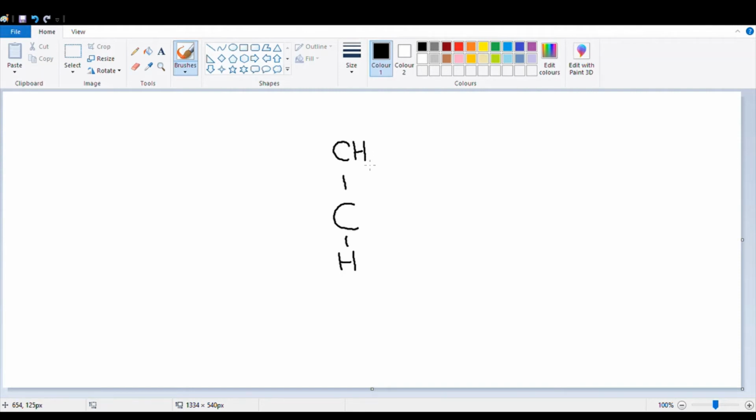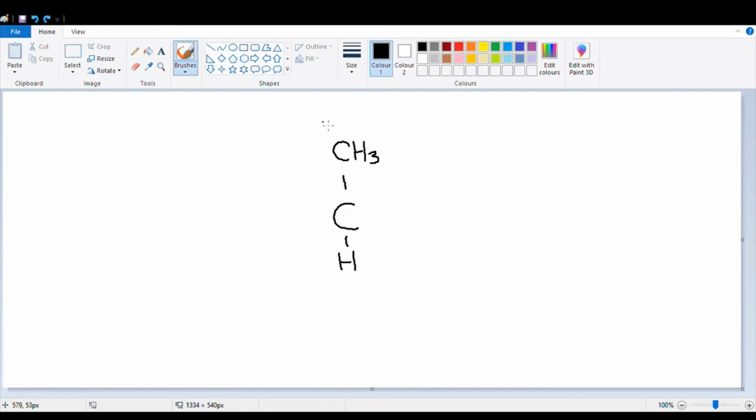You would just write CH3. Sometimes they may ask you to draw it out, in which case for this example, because carbon likes to make 4 bonds, we would do 1 hydrogen here, 1 up here, and 1 on this side. But often you are just expected to draw it as so.